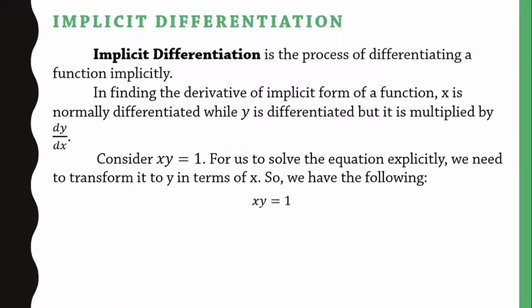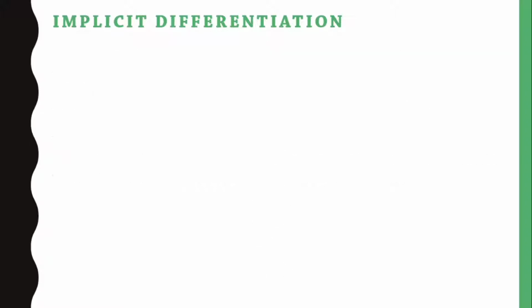We divide both sides by x so that x will be cancelled out, so that will be y is equal to 1 over x. After this, we then compute the derivative, but for implicit differentiation, we just compute it directly without expressing y in terms of x.